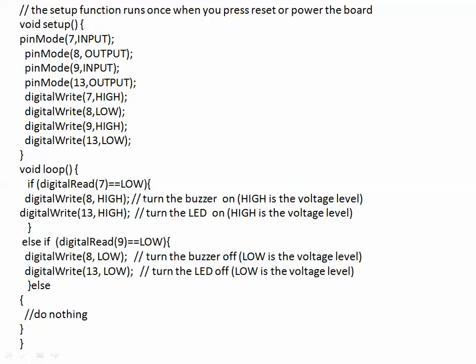So when I make 8 high, the buzzer will be on. When 13 is high, the LED will be on. Similarly, when 9 is pressed, I have to turn the buzzer off and turn the LED off by making the 8th pin low and the 13th pin low. So these are the operations I want to do.